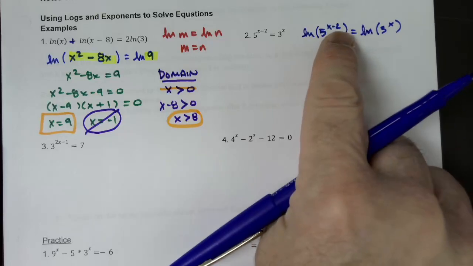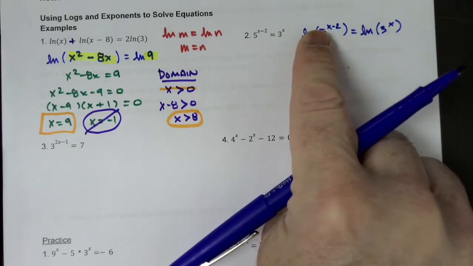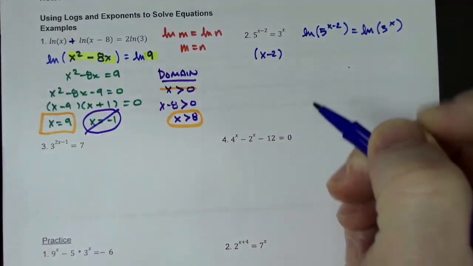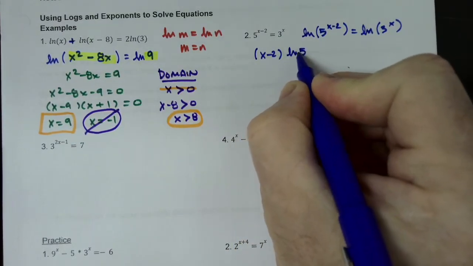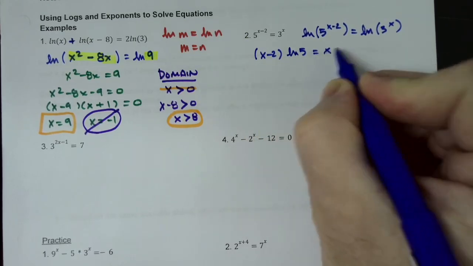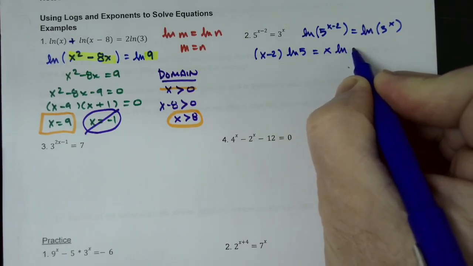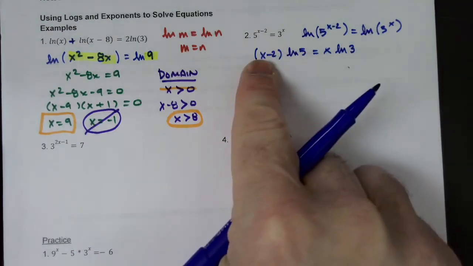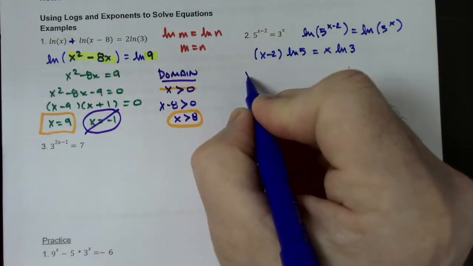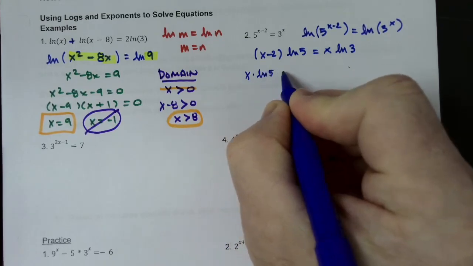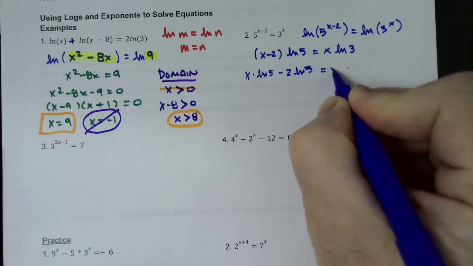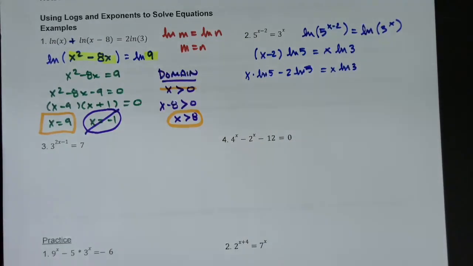And that is that these exponents on the inside can now come out and give us x minus 2 as the coefficient, and the natural log of 5 would have to equal x as the coefficient times the natural log of 3. Let's go ahead and distribute this natural log of 5 to get x times the natural log of 5 minus 2 times the natural log of 5 equals x times the natural log of 3.